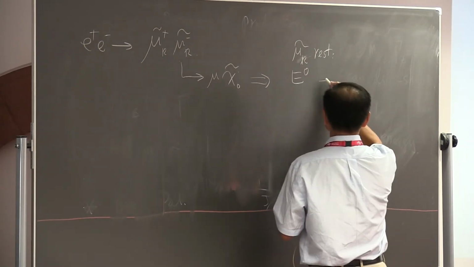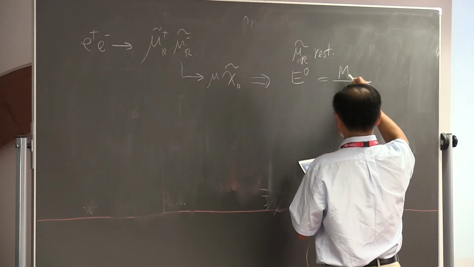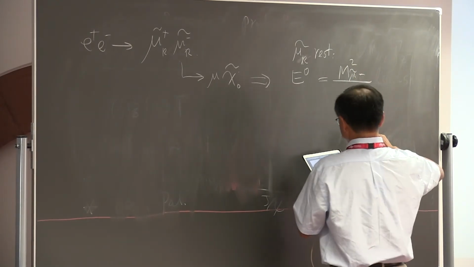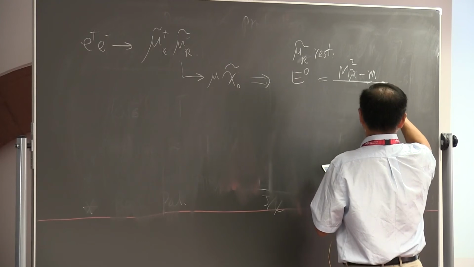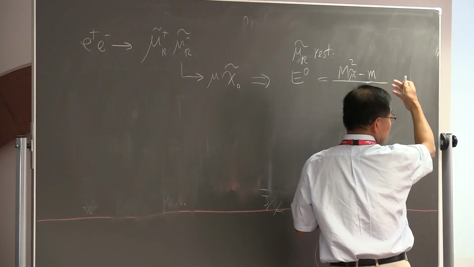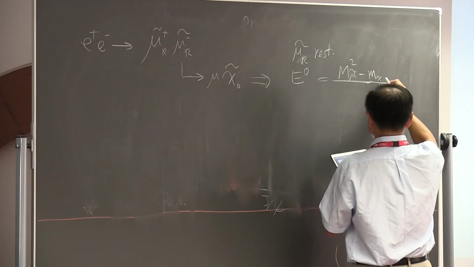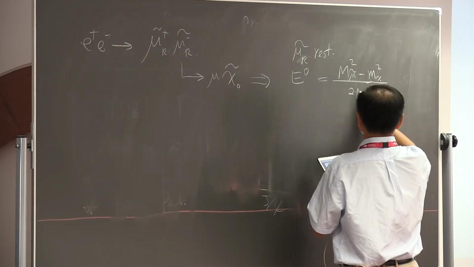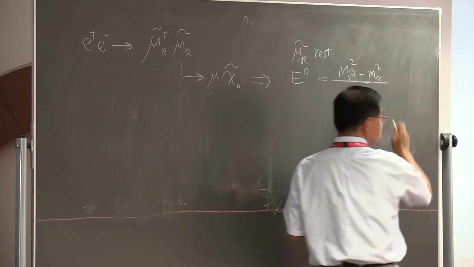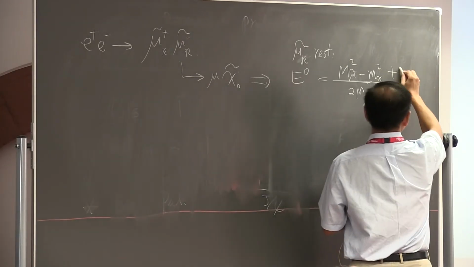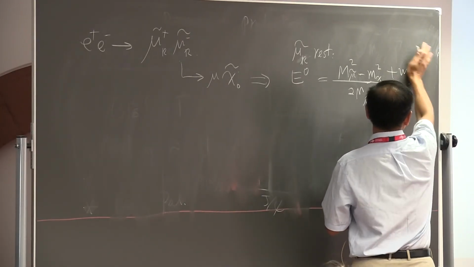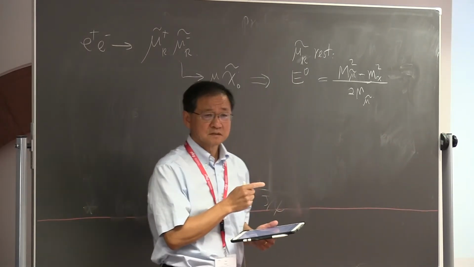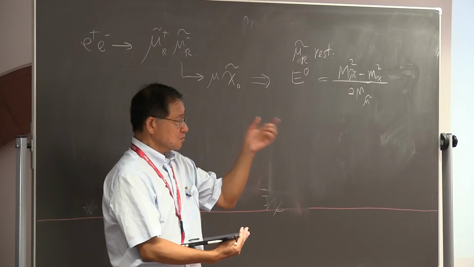That is given by the center of mass energy, the muon mass, and minus and plus the neutralino mass. The muon mass is 0, but the muon mass is never relevant. It's monochromatic. Then you see, boom, there's a muon with fixed energy.